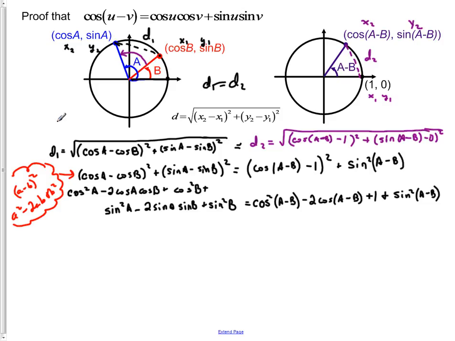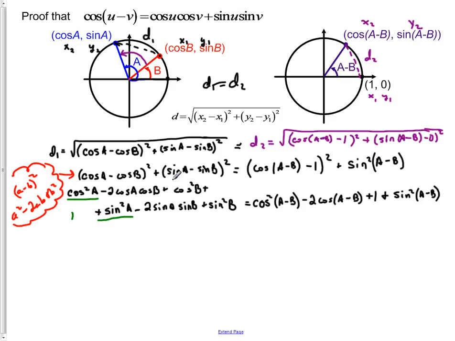And it may have already struck some of you that there's something else that we can do now, because we are adding expressions that have sums of squares of sine and cosine. And we know that our identity tells us that anytime we take the square of the cosine of an angle plus the square of the sine of the angle, we get 1. So we're going to have a 1 right here.